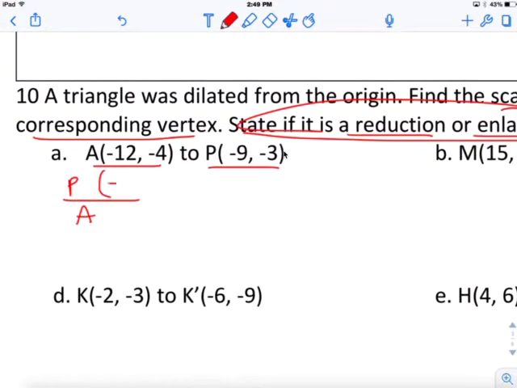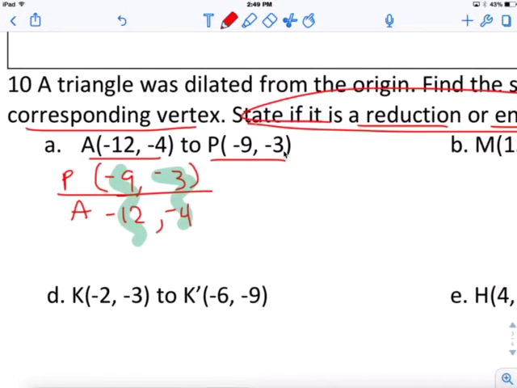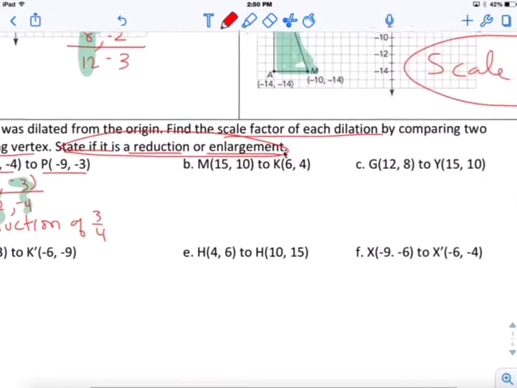So negative 9 over negative 3, and we pretend they're all positive. Negative 12 over negative 4. Oh, 3 over 4, 3 over 4. It's a reduction, because the answer is between 0 and 1, right? Scale factor of 3 over 4.